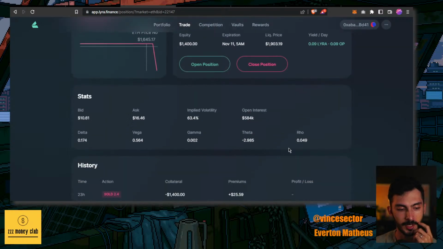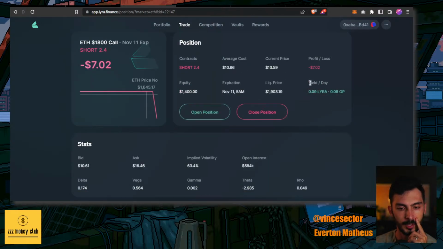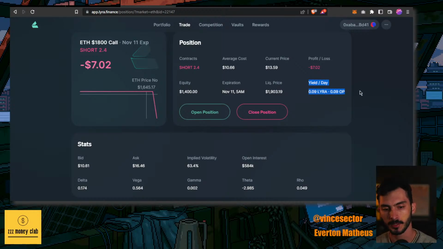tutorial information. Oh, and with Lira now, they're offering, I think this is good to explain as well, just because Ermin had this question. This yield/day right here, what is it? Well, now when you sell a call or a put, it doesn't matter, you receive some incentives. So you receive some sort of rebate in Lira token and in OP token.